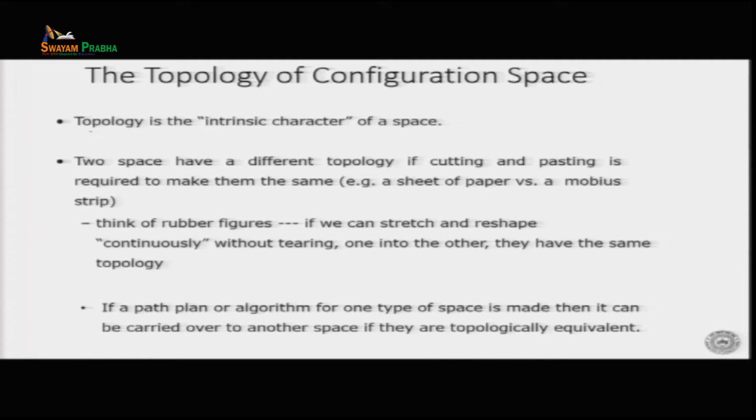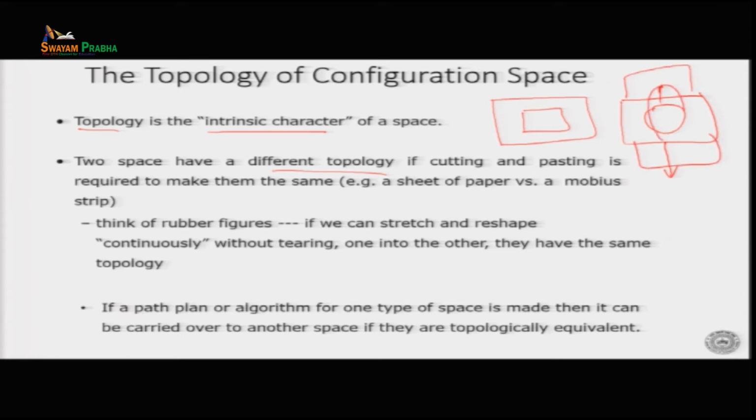So topology is the intrinsic characteristic of a space, and two spaces have different topology if cutting and pasting are required. If they are subjected to bending and stretching without cutting, then they are still the same space. For example, on a rubber sheet, if you draw a square, or a circle, I draw a circle, and I stretch the sheet in this direction, the sheet will get stretched and the circle will become an ellipse.